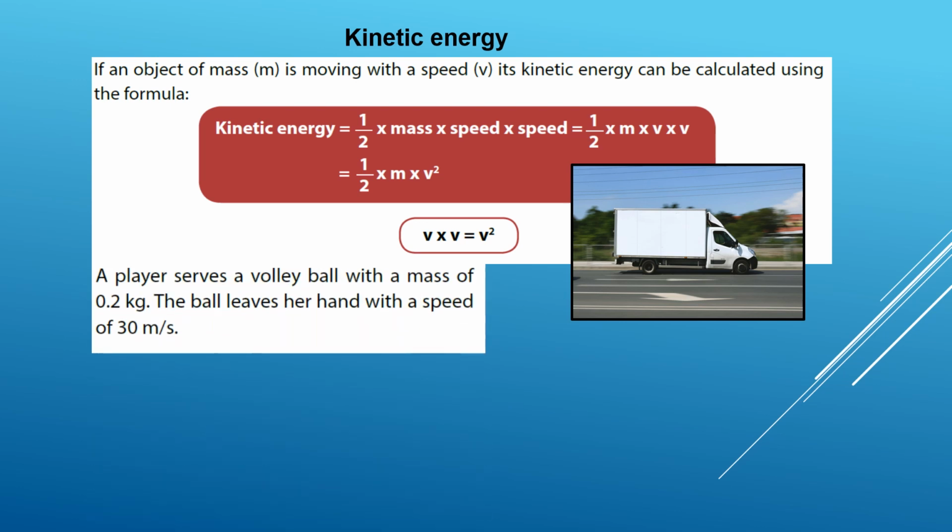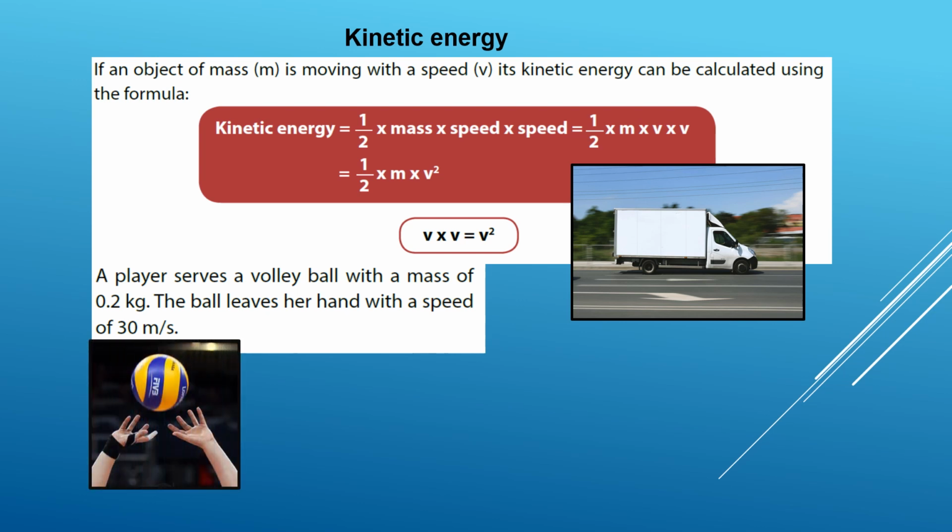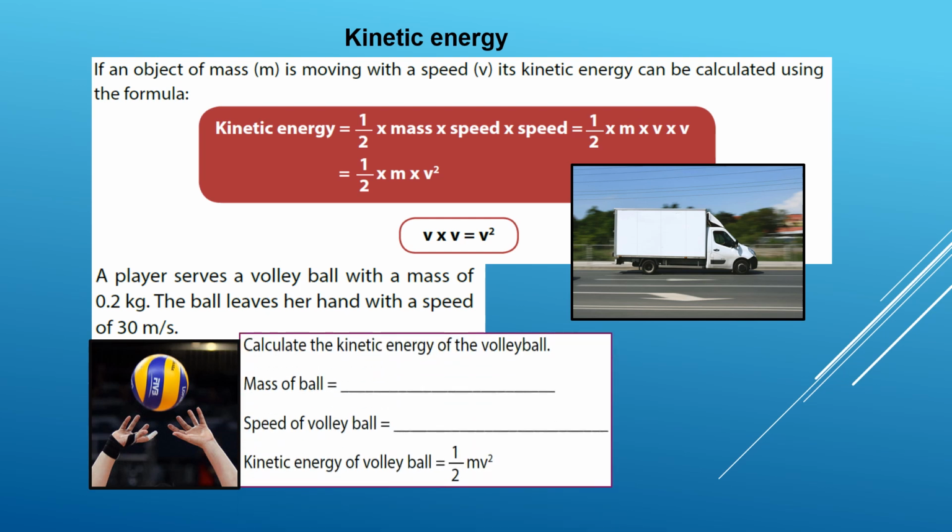Now consider the example given. A player serves a volleyball with a mass of 0.2 kilograms. The ball leaves her hand with a speed of 30 meters per second. Calculate the kinetic energy of the volleyball. So we know the mass of the ball is 0.2 kilogram. The speed of the volleyball is 30 meters per second.